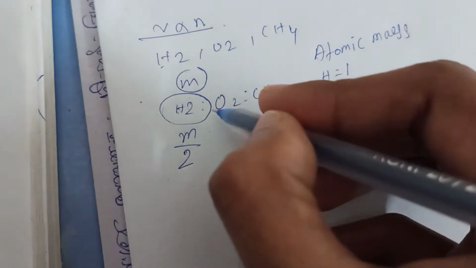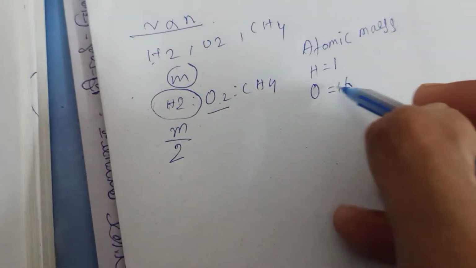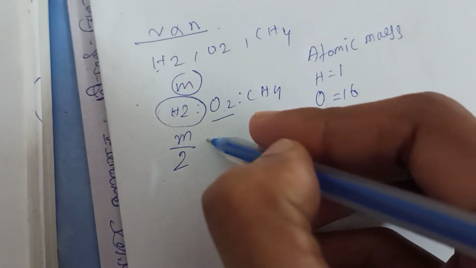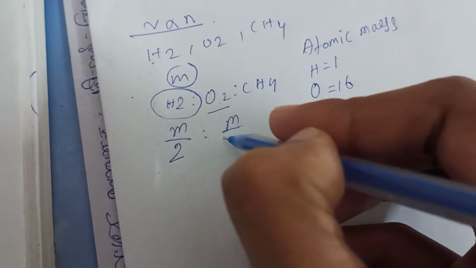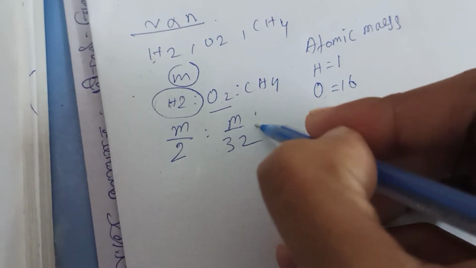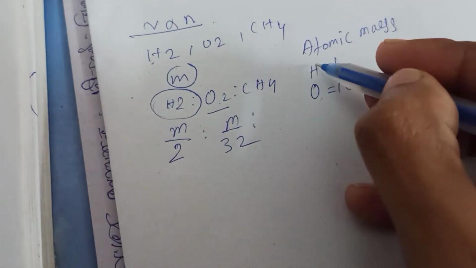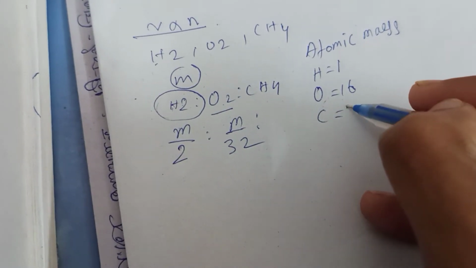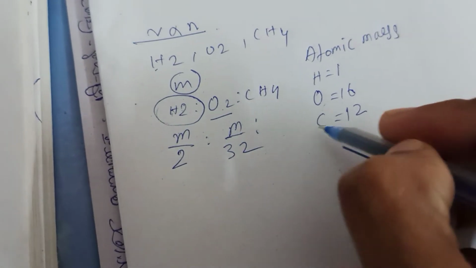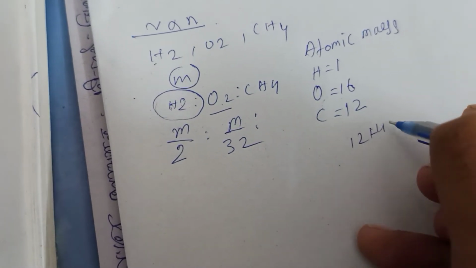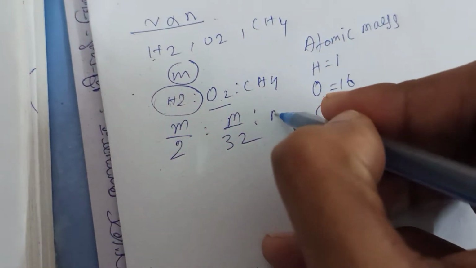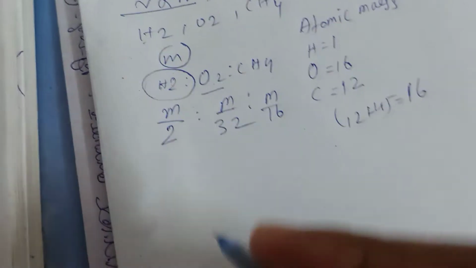Here there are two O atoms, so the molar mass of O2 is 32. For CH4, hydrogen is 1 and carbon is 12, so 12 plus 4 is 16. So m by 2, m by 32, m by 16.